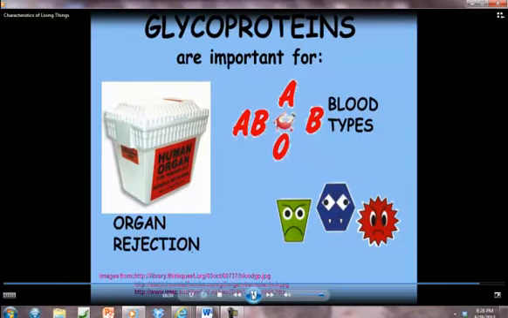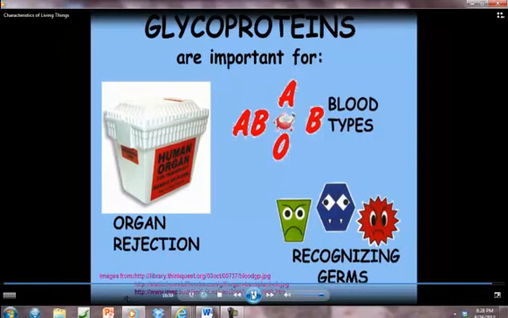Because if you give someone the wrong type blood, or you give someone an organ that's not a donor match, your body will see that as that doesn't belong, just like it would recognize a germ that doesn't belong in your body. And it can lead to your body rejecting and attacking that organ if it's the wrong match. And that has to do with what kind of glycoproteins. We're matching glycoproteins to find you a donor match.